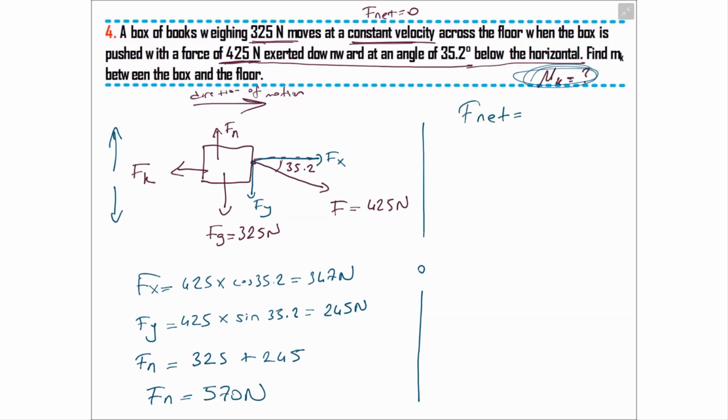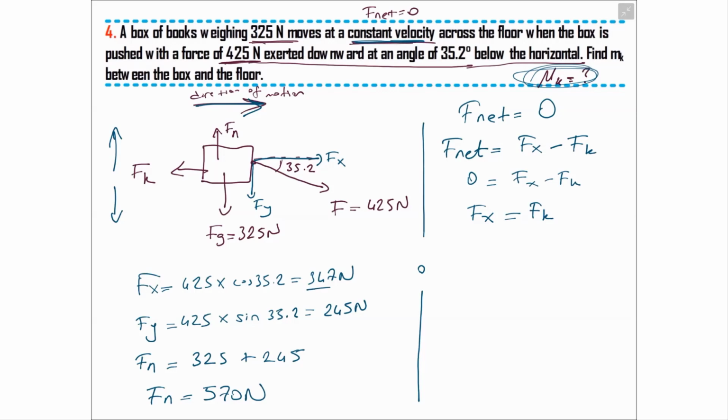Fnet, due to the information of the question, which is constant velocity, is 0. And the system is moving in this direction, so Fnet will be equal to Fx minus Fk. So 0 equals Fx minus Fk. So in this question, Fx equals Fk.